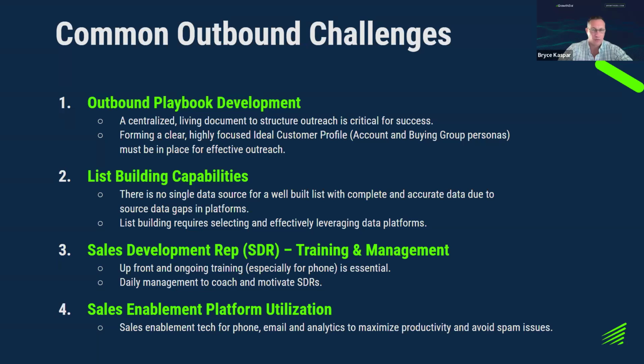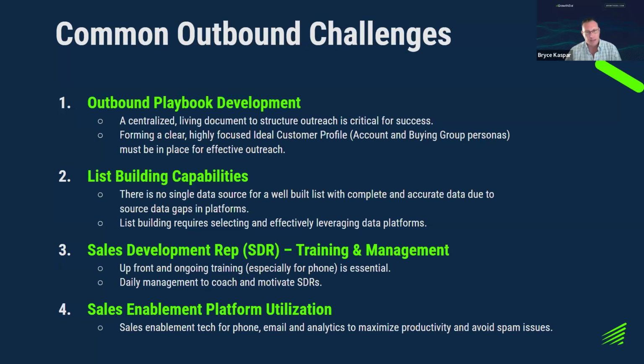So this can be very resource intensive inside organizations. And a lot of times there's not a dedicated manager to the sales development reps. It may be someone who's the VP of sales who has strategic priorities, but they're also trying to stay on top of the SDR team as best they can. I recommend dedicating management to the SDRs.